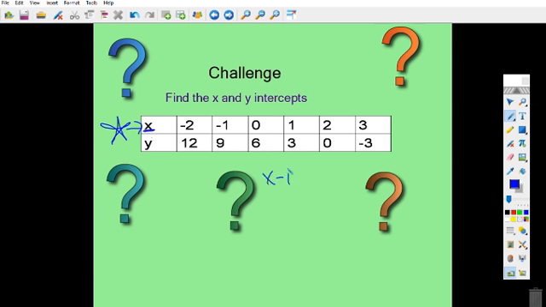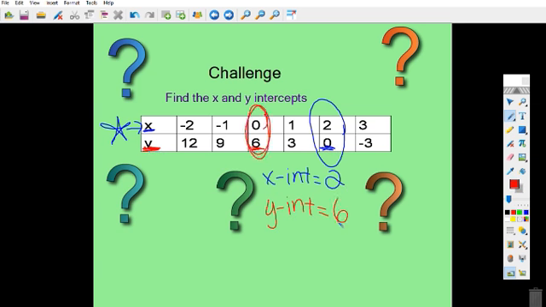So x-intercept would be 2 because y is 0, all right? Our y-intercept, right here, we want x to be 0, all right? So x is 0 right here, so our y-intercept would be 6.